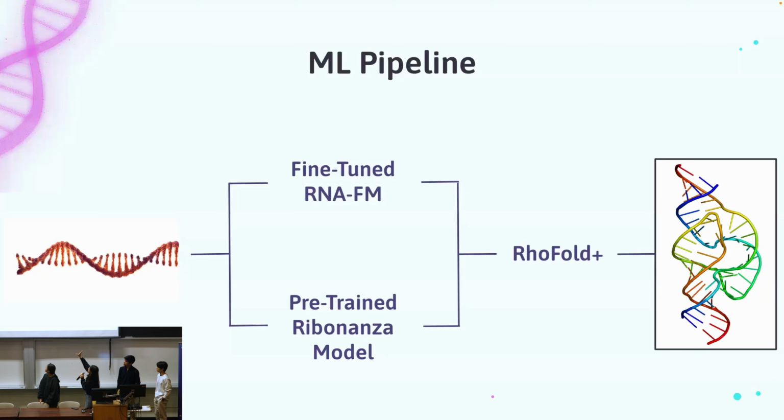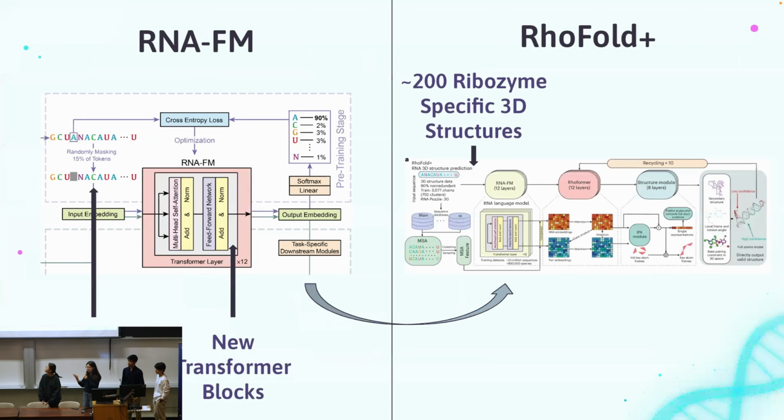We use RNA-FM, which is the RNA foundational model, and a pre-trained RibonanzaNet model to generate two different types of embedding that encode different information. The RNA foundational model mostly cares about the different structural relationships with multi-headed attention. And RibonanzaNet is distilled from the top performing model for the Kaggle competition Ribonanza, so that model is really good with chemical mapping information.